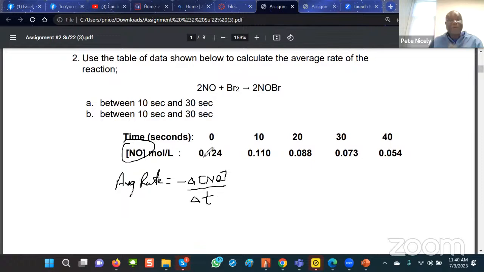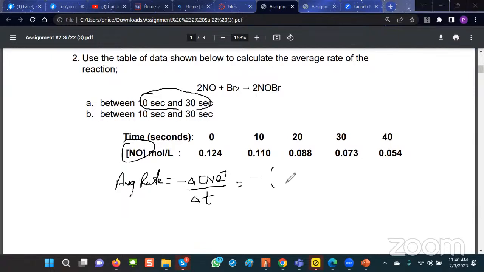Now, the question says that you have to calculate the average rate over this period of time, between 10 seconds and 30 seconds, right? Okay, so how would we set this up? Minus what? 0.073 minus 0.124. Or 0.110, sorry.